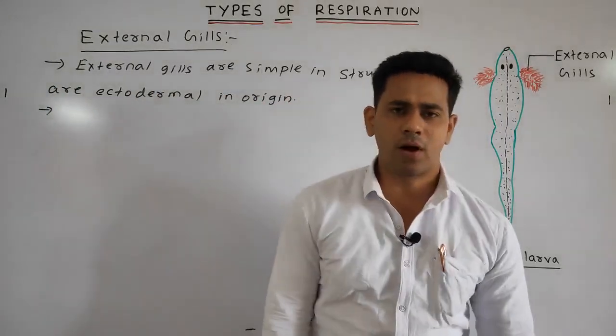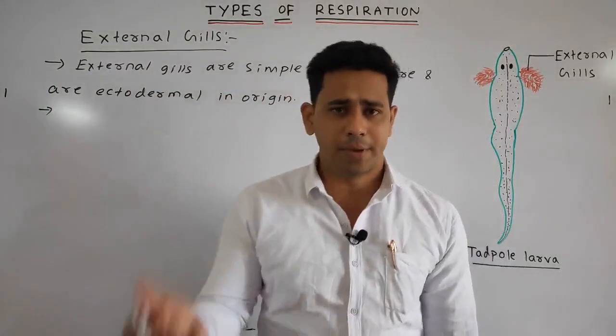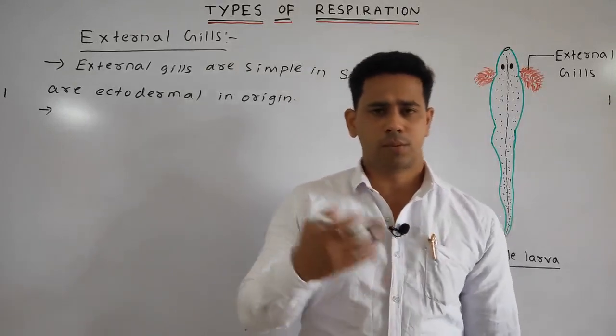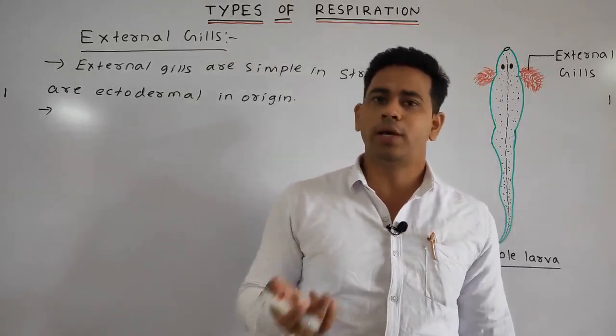Okay, next, where are these external gills generally found? These are generally found in some annelids, some amphibia, in the tadpole larva, some bony fishes, and also in some young insects.